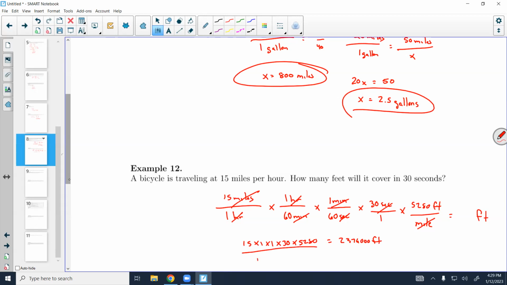On the bottom, we have 1 times 60 times 60 times 1 times 1 again, which is 3,600. And there's no unit for the bottom. So if I take my 2,376,000, divide it by 3,600, I get 660 feet. So it travels 660 feet in 30 seconds. Any questions on how we did that?